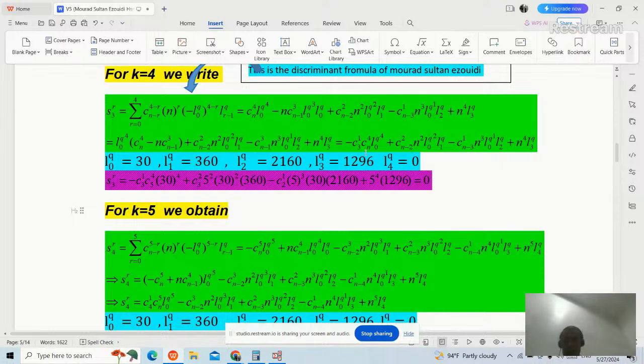We have negative 1/3 of 4n, 30 raised to the power 4, plus n minus 2, means 5 minus 2 is 3, choose 2, 5 squared, times l0 for the cube multiplied by 360, minus combination 5 minus 2 minus 3 is 2, times 5 cubed, times l0 for the cube times 2160, plus 5 raised to the power 4 times 1296.